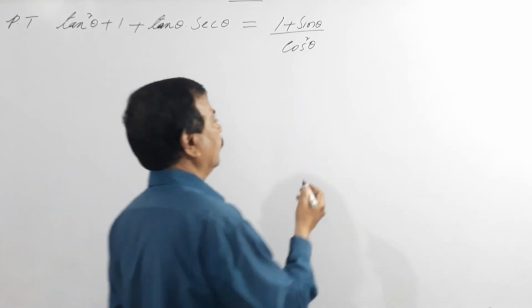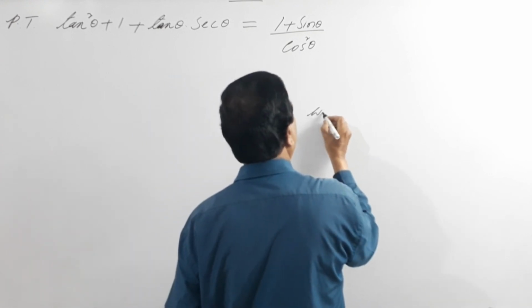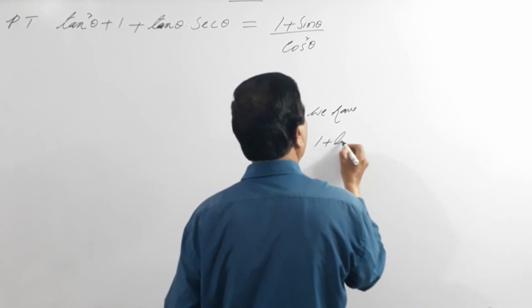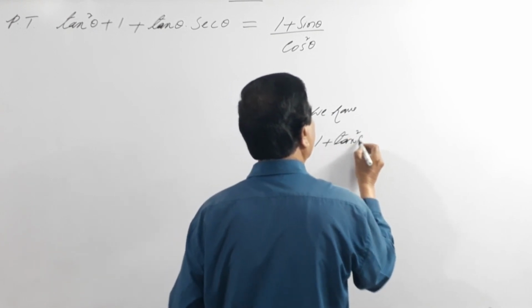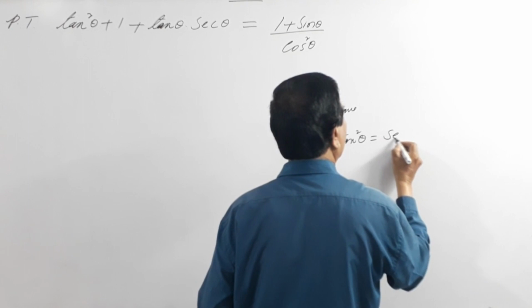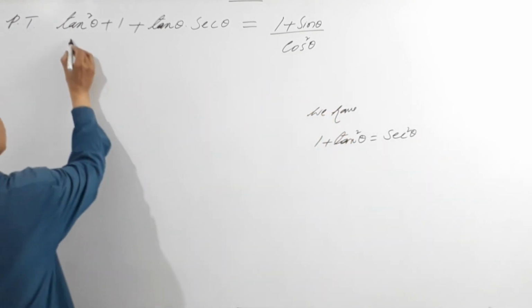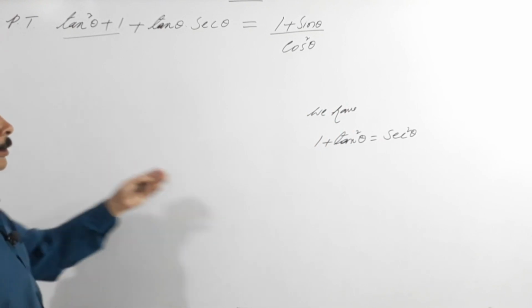So we have 1 plus tan square theta equals what? Secant square theta.